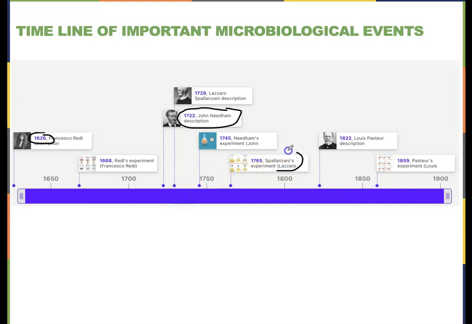Spallanzani wanted to disprove Needham, so they were in a tit for tat, Needham saying spontaneous generation is correct, and Spallanzani saying no. And then finally, we have our big Louis Pasteur, who did his S-shaped flask experiment and really settled on the fact that there was no spontaneous generation, that it had to be from the air.